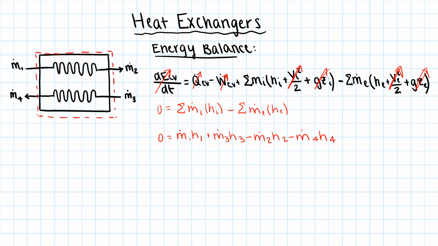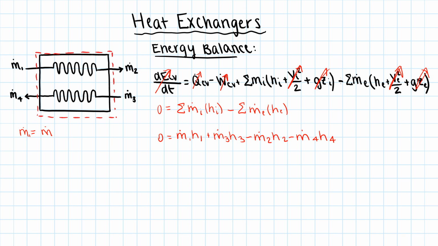And so remember how there's two different fluid flows going through. Your m dot 1 is going to equal your m dot 2 because the fluid stream is just going through this top area, and your m dot 3 is going to equal your m dot 4.